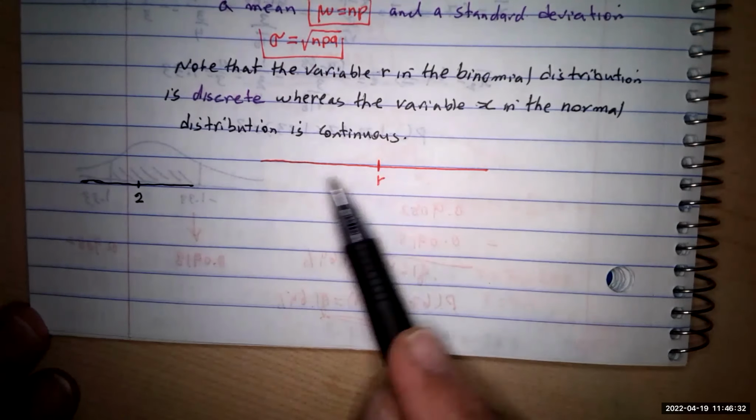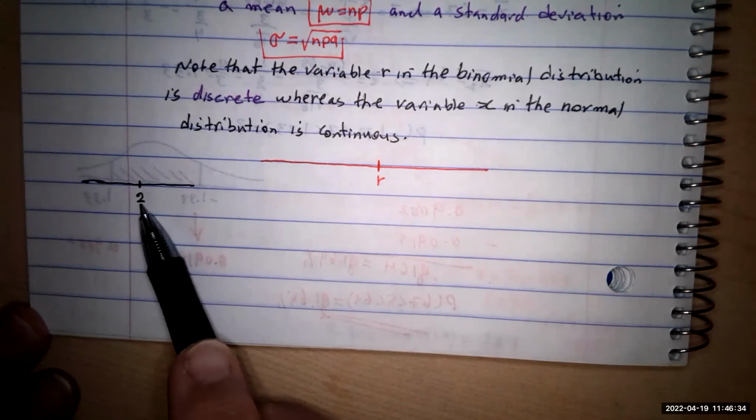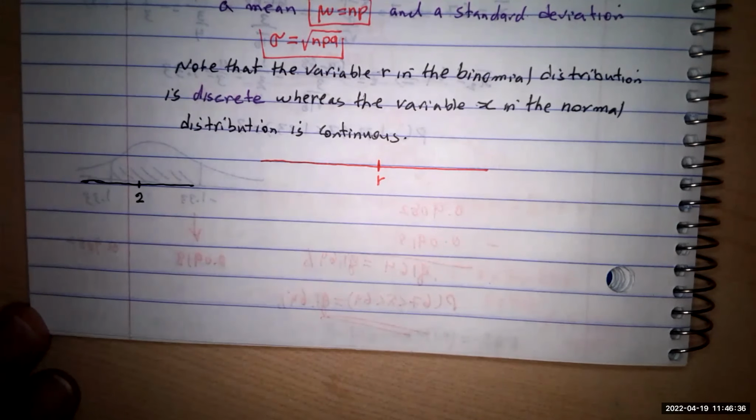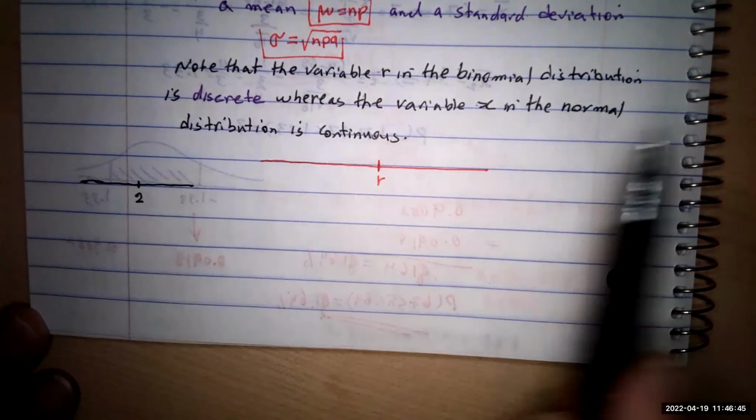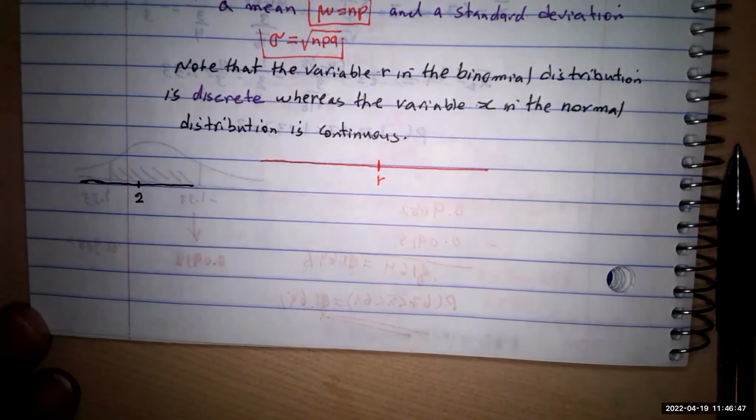Let's try. Can you give me an interval containing 2? You have to go a little bit to the right and to the left to get that interval. No, an interval, Jennifer.